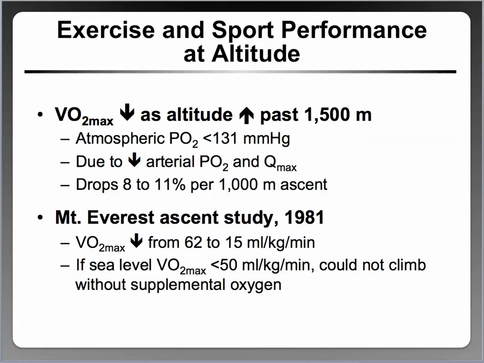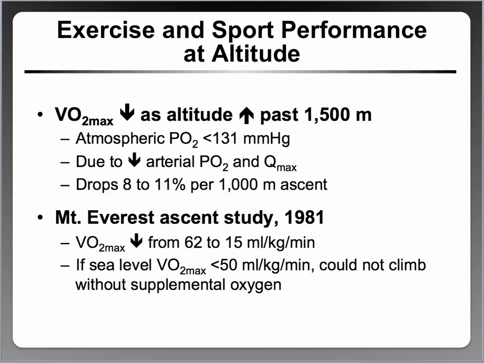And there was a study that was conducted on Mount Everest, published in 1981, and there was a group of climbers, and they started off with an average VO2 max of 62 milliliters per kilogram per minute at sea level. And up toward the top of Mount Everest, their VO2 max had decreased to around 15, so that's pretty low.